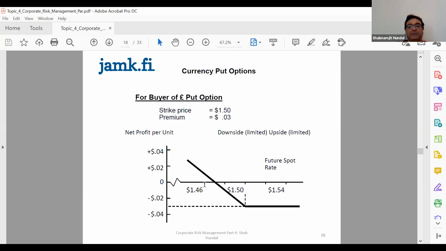If the market price is 1.46 and the broker is giving me 1.50, I will definitely sell to the broker. For how much? For 1.50. So the broker will give me 1.50, the market is giving me 1.46.